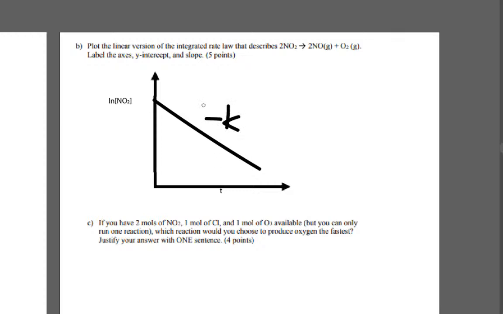And then the y-intercept would be the natural log of [NO2], where is it? Yeah, it is the natural log of the initial [NO2]. Label the axis, y-intercept and slope. So this is basically initial. Initial, there we go.